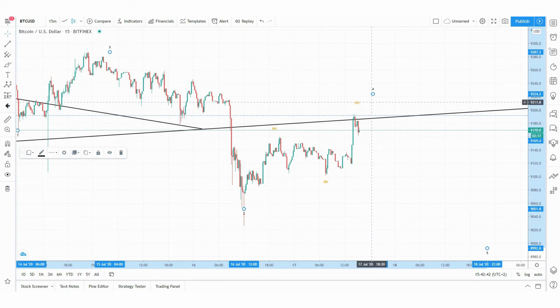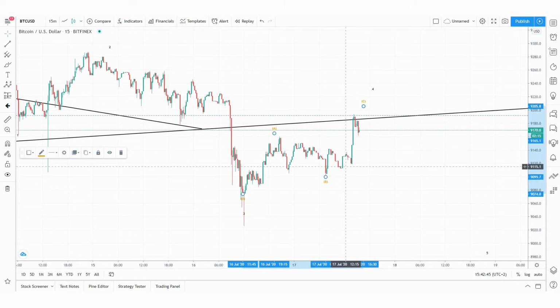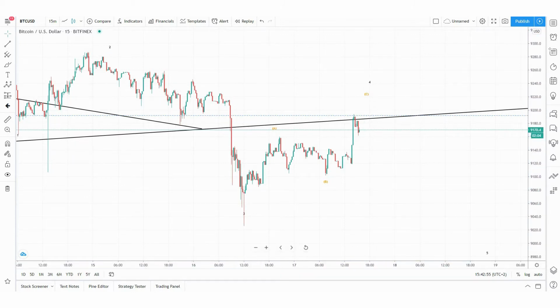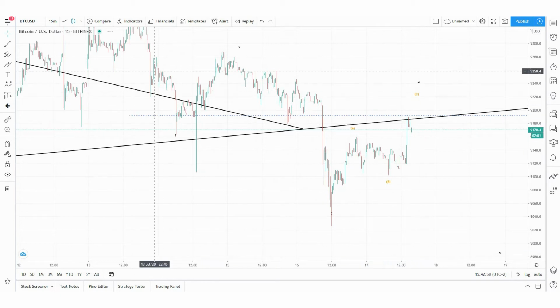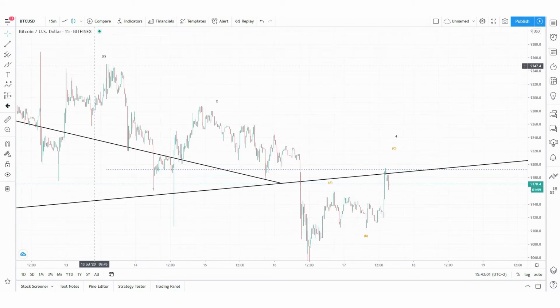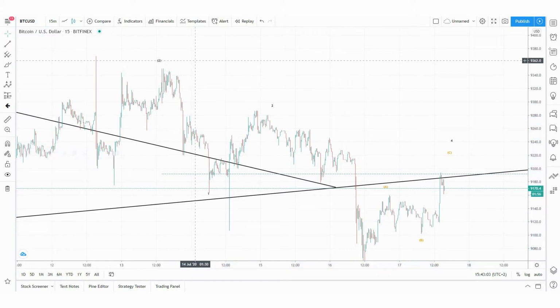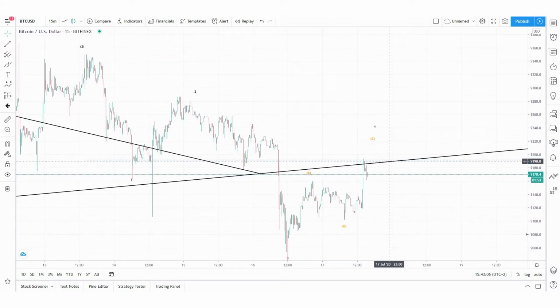But the problem is that this should have further upside movement for this to be a 5-wave impulse, and to be a C wave as it's subdivided into a 5-wave structure, in which case this possibility of this whole structure from the 13th of July being a 5-wave impulse would get invalidated, as the price would come back above the $9,193 level and enter the territory of this first wave.